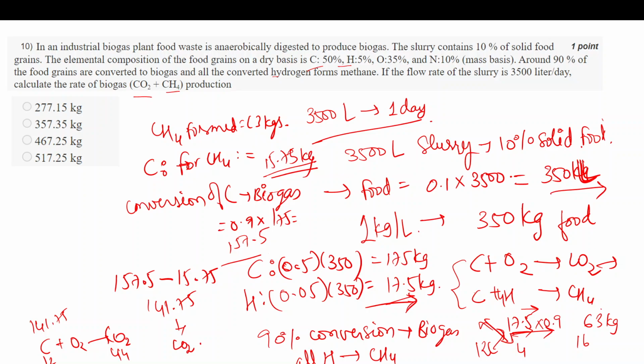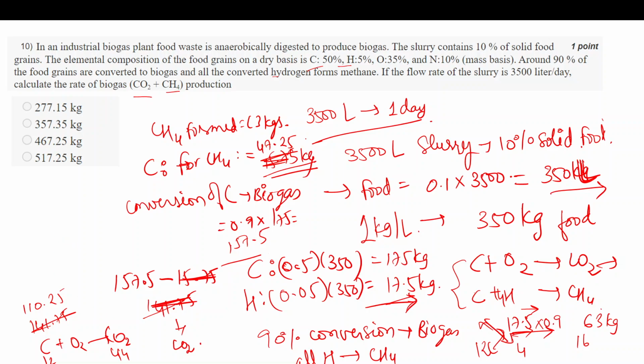Okay, sorry. Here it is not 15.75, it is 47.25 kg of carbon used for methane production. So if you subtract this, it will not be 141.75, it will be 157.5 minus 47.25, which is 110.25, into 44 divided by 12.